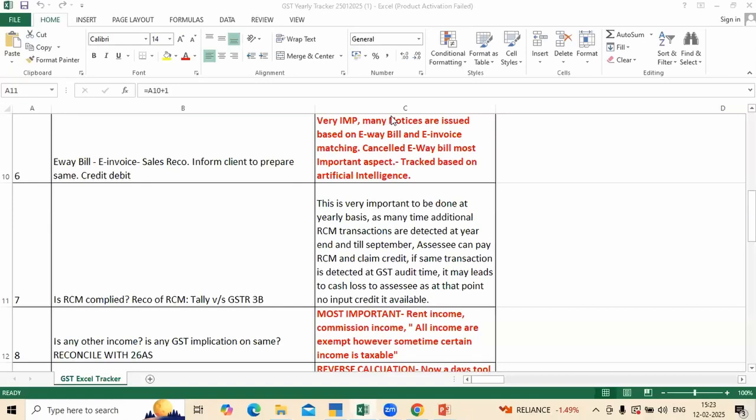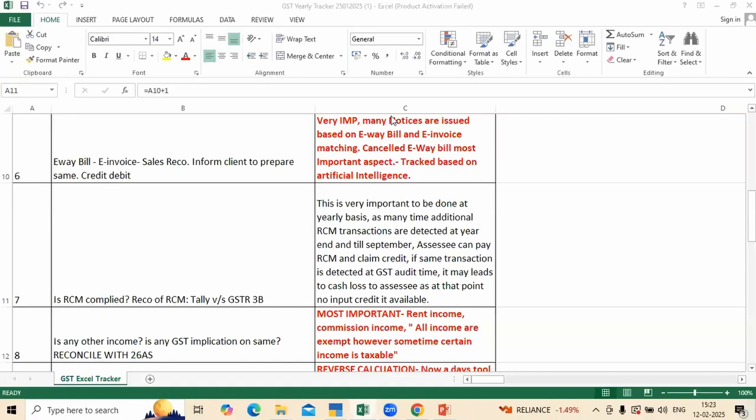So in the month of March, my practice is that I scrutinize the entire backup, and those transactions which are eligible for RCM, I compare with the actual RCM which is paid. And for all the differential transactions, I give the effect of RCM in the month of March.